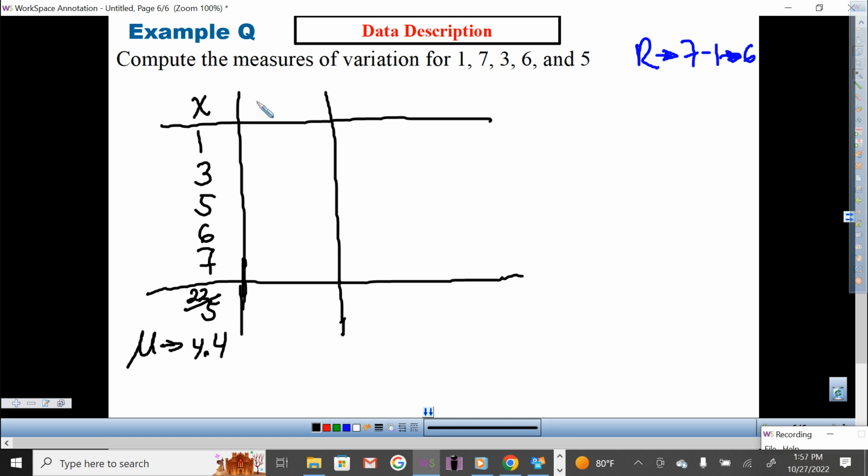We're going to subtract what? Minus mu. Let's go, Patricia in the house. So we got 1, 3, 5, 6, and 7, minus 4.4, 4.4, 4.4, 4.4, 4.4.